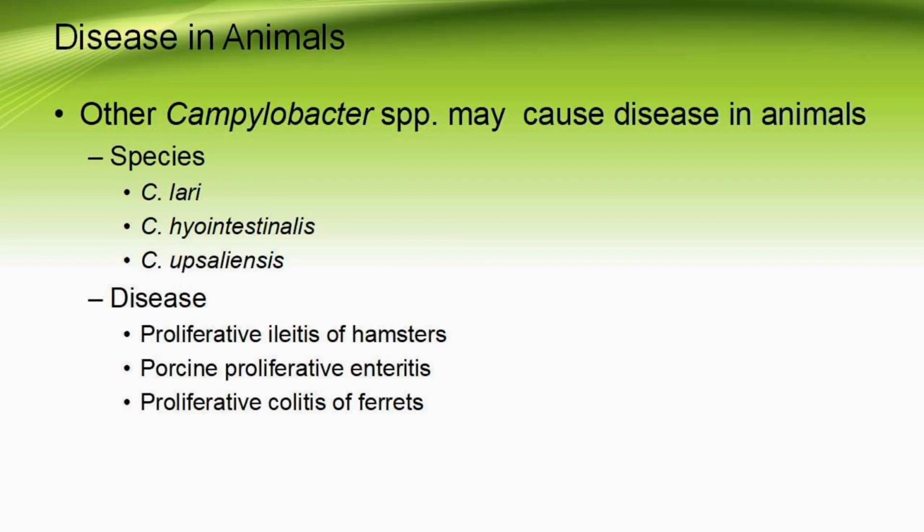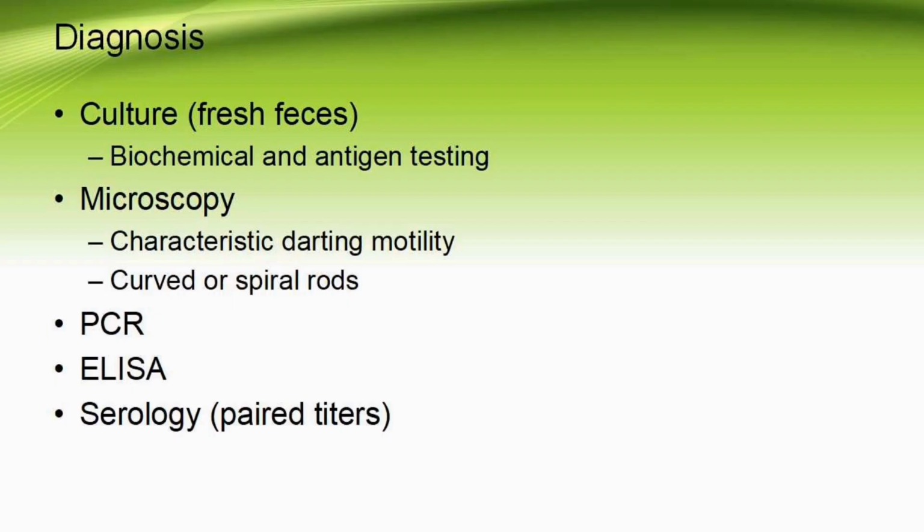Other species of Campylobacter, including Campylobacter lari and Campylobacter hyointestinalis, can cause disease but seem to be of minor importance. Uncharacterized Campylobacter species may be involved in proliferative ileitis of hamsters, porcine proliferative enteritis, and proliferative colitis of ferrets. Campylobacter has also been implicated in avian hepatitis, and this association is still unproven.